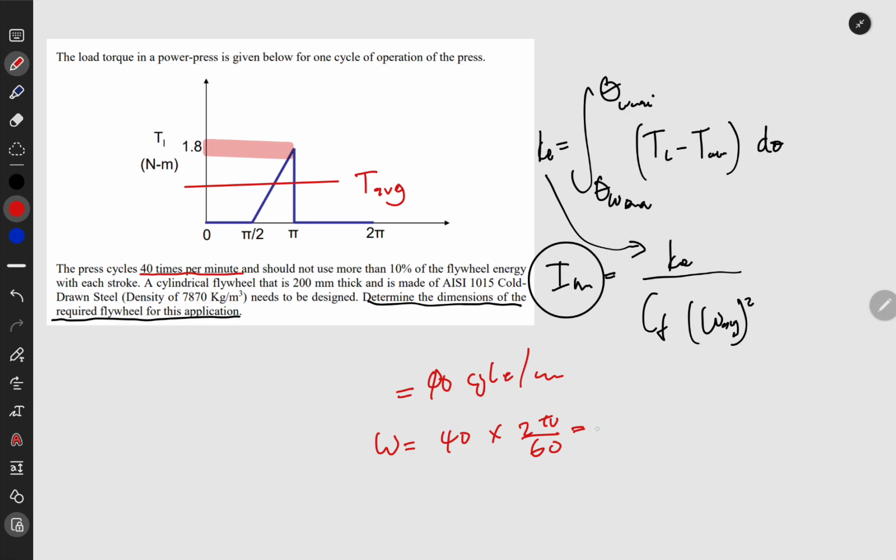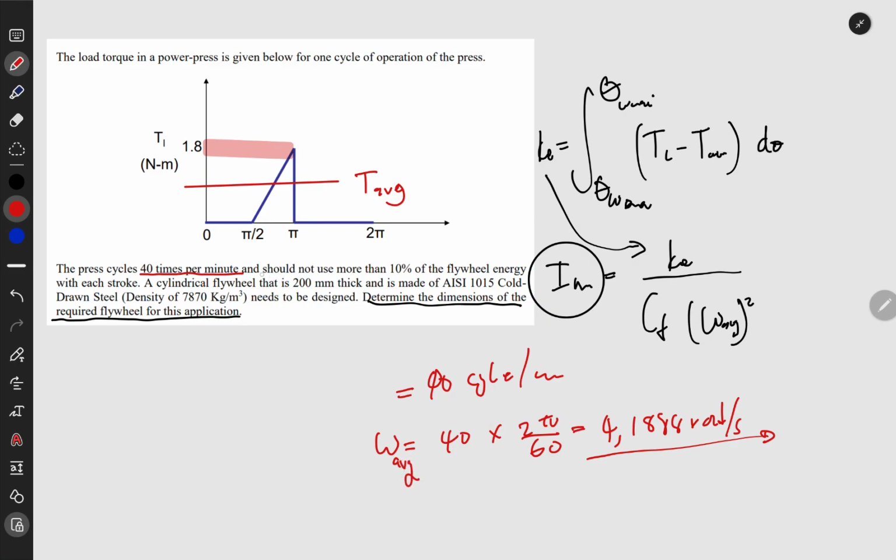So after computing that, we got some 4.1888 radian per second, which is our omega average, or average angular velocity.